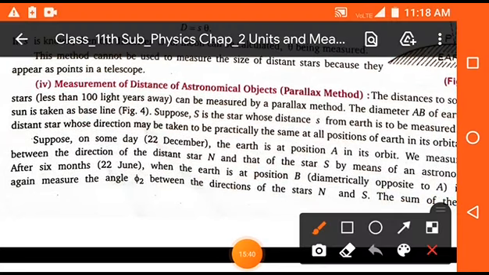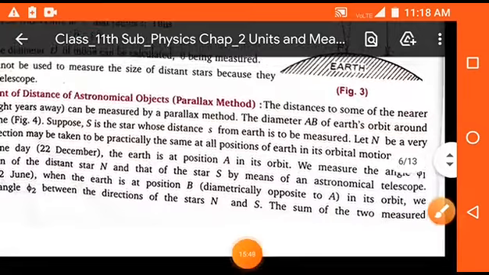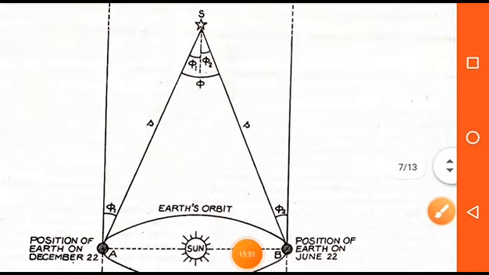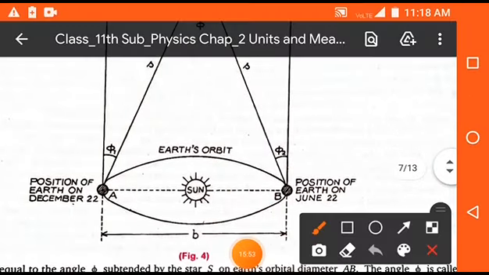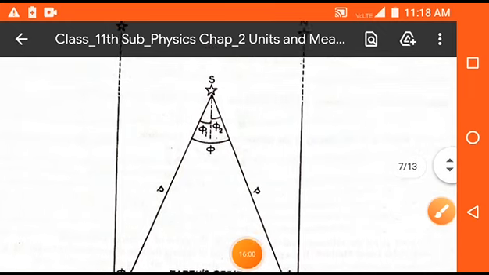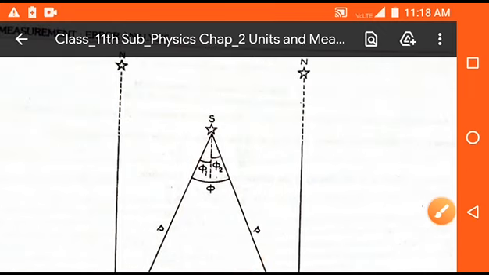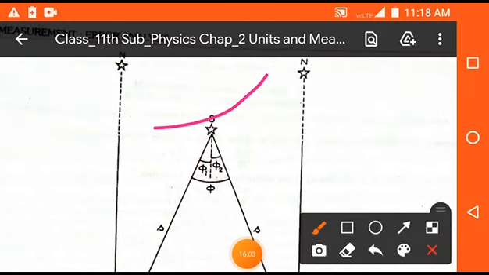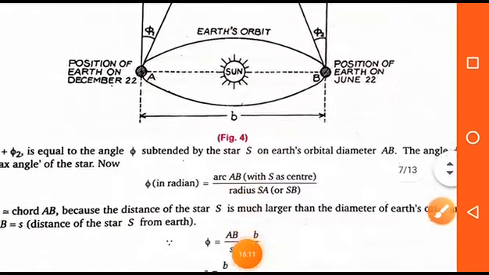Next one is the parallax method. This is also a most important method, and with the help of this method we can also find the size of any object from the earth surface. You can see in the figure there is the orbit of earth, and from the orbit of earth we can find the distance and the size of any astronomical body like a star, moon, etc., by making an angle subtended on the surface of that object.